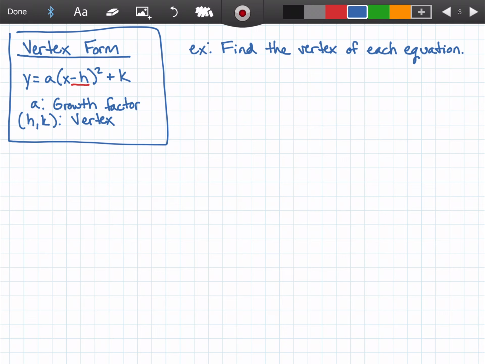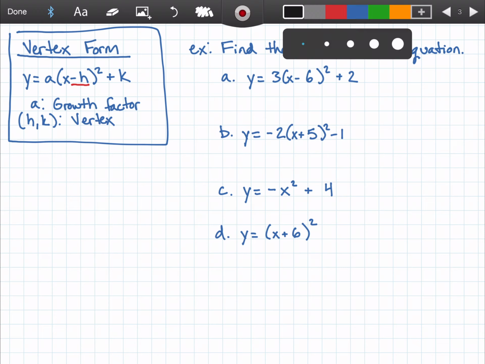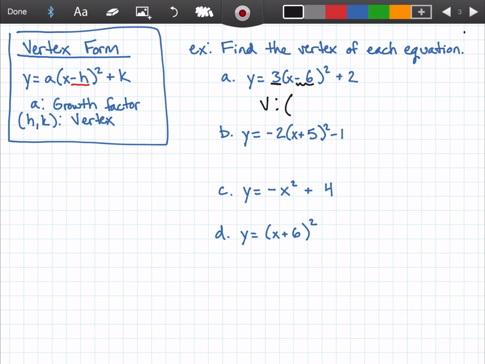Okay. Find the vertex of each equation. Alright, so to find the vertex, all I'm doing, here's my a value right here, but I'm just taking the opposite of this number, so because it's a -6, I'm going to go +6, and then my k value just carries through, and that's what we got.